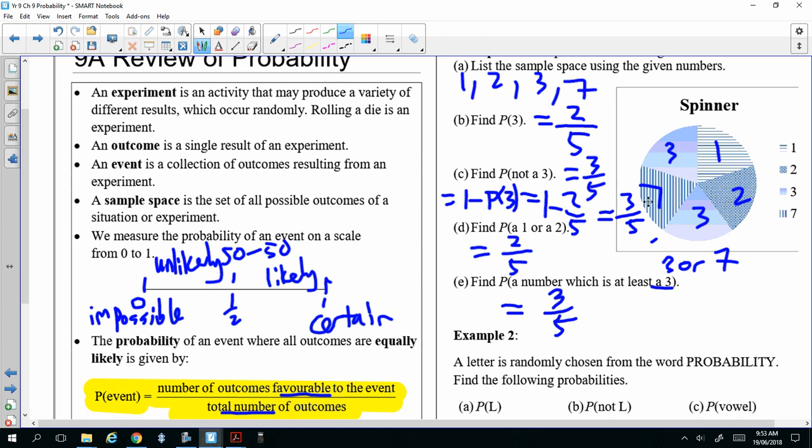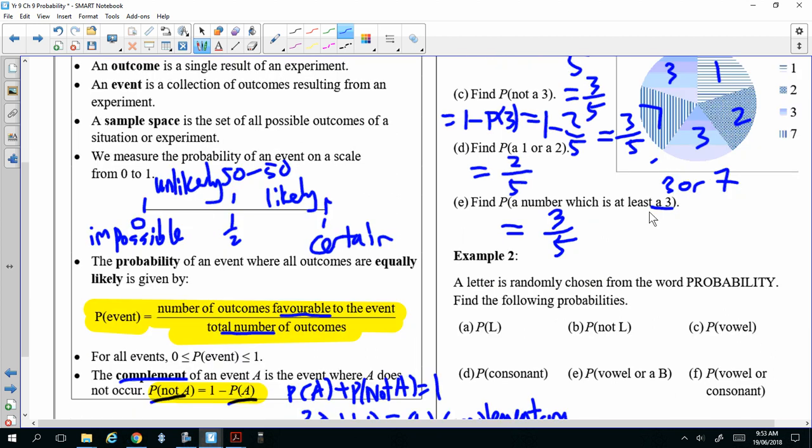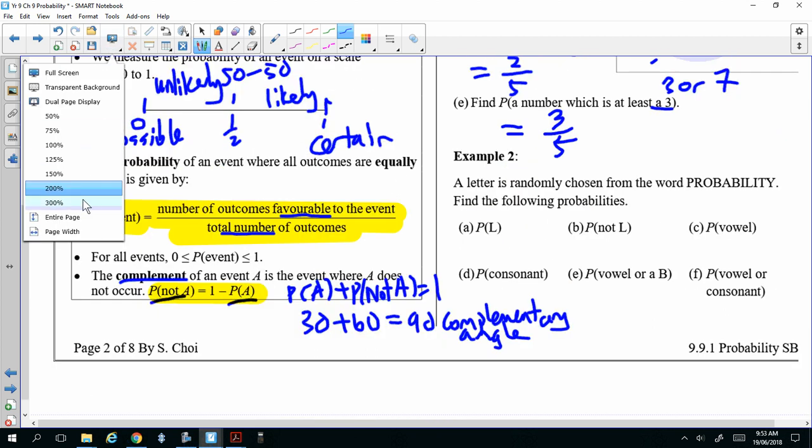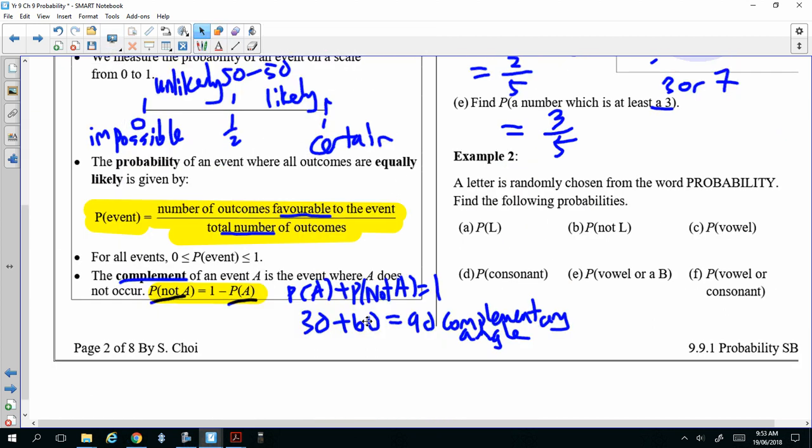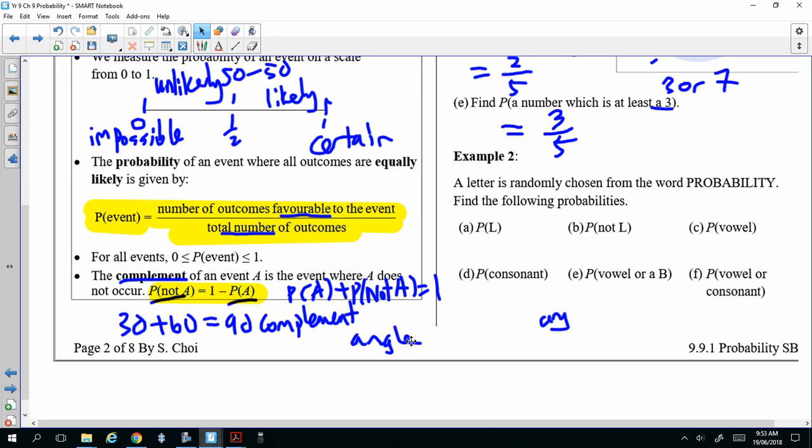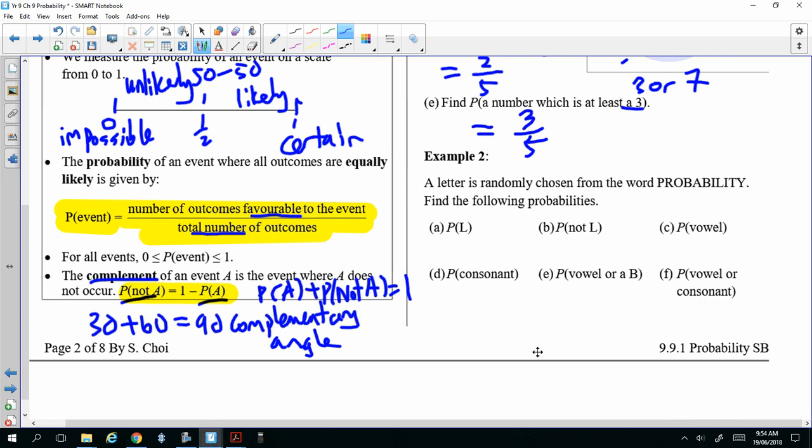Okay, let's do one more question. A letter is randomly chosen from the word probability. Find the probability of getting an L. How many letters altogether? 11.